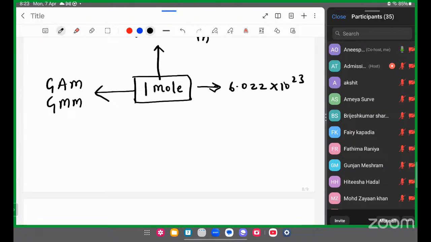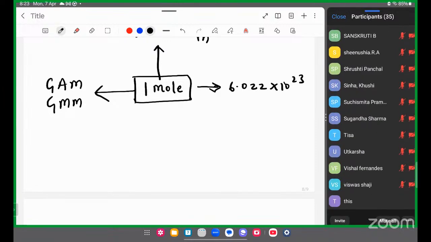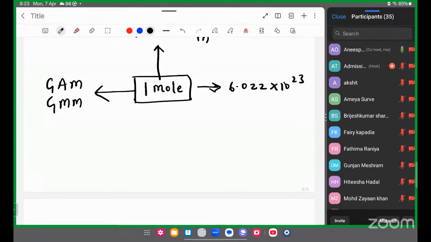For example, we have sodium atom. If I say atomic mass of sodium, what will be your answer? Atomic mass of sodium. Yes, anyone? Sir, 23. 23 what? 23 gram, 23 kg, 23 AMU, 23 milligram?